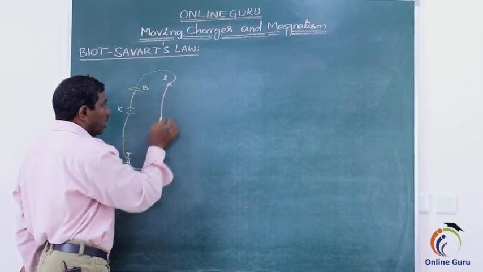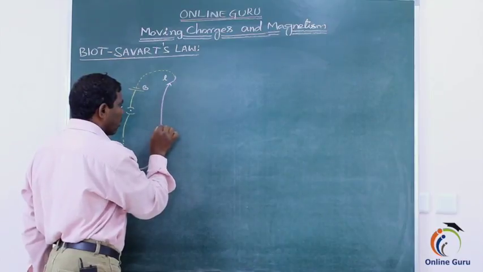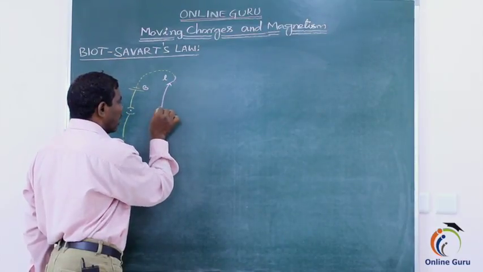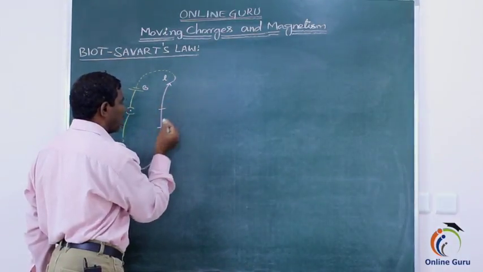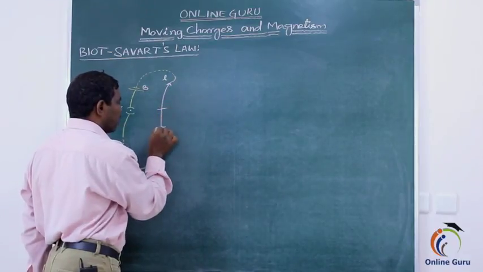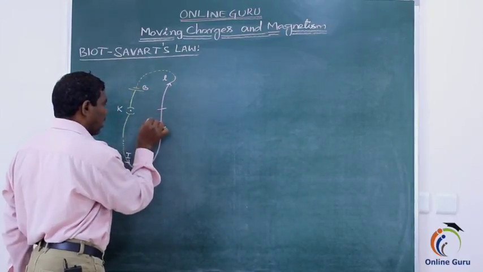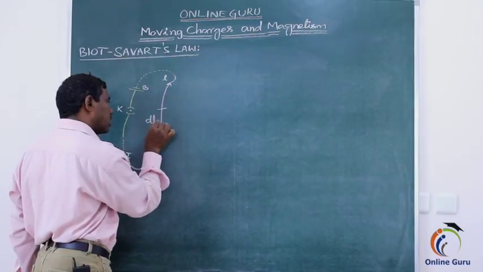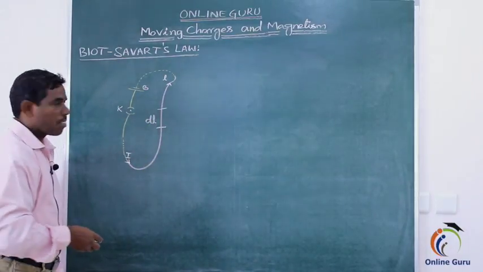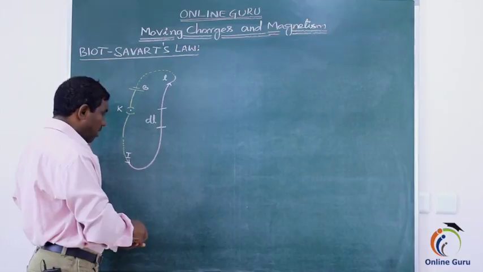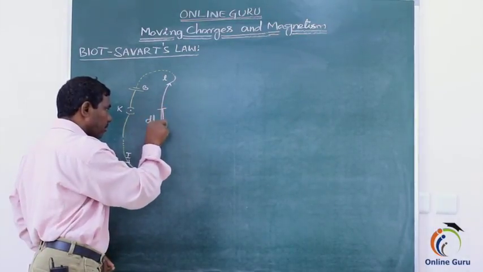So in this long conductor we can take a small current element, represented as dl.